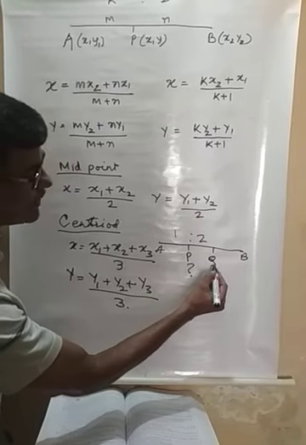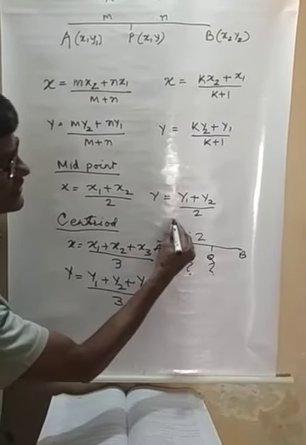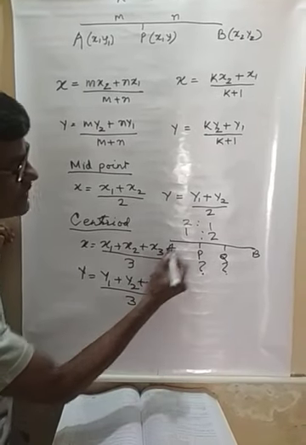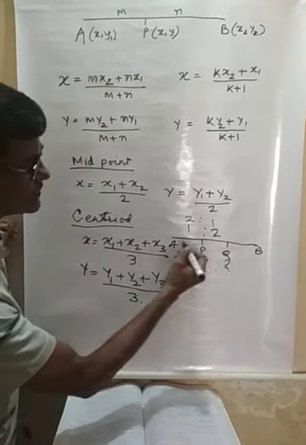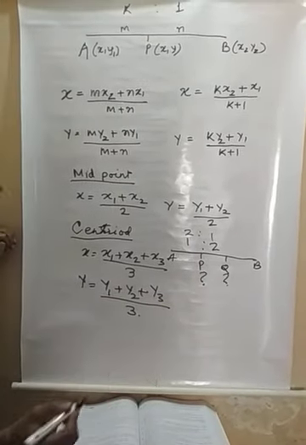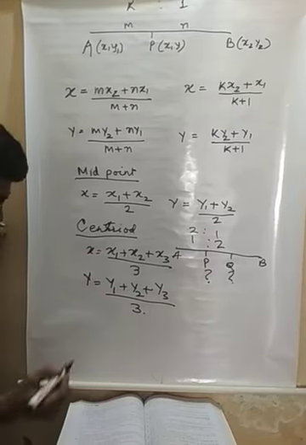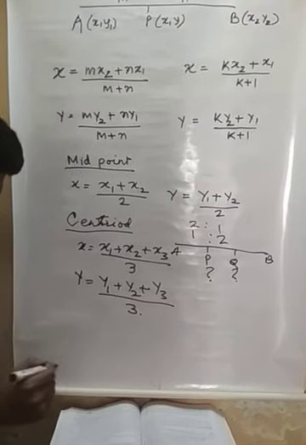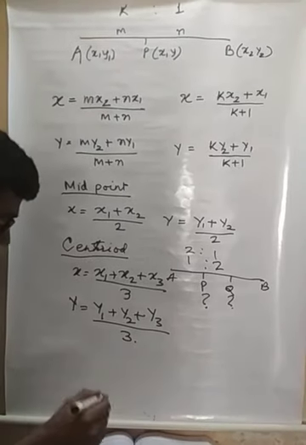And if we want to find the coordinate point of Q, then the ratio will become 2:1. They will not give you the ratio, they will directly say that the points are trisecting the line AB.